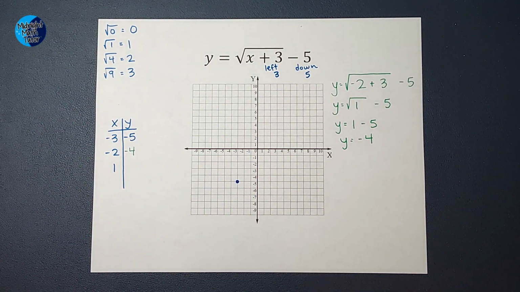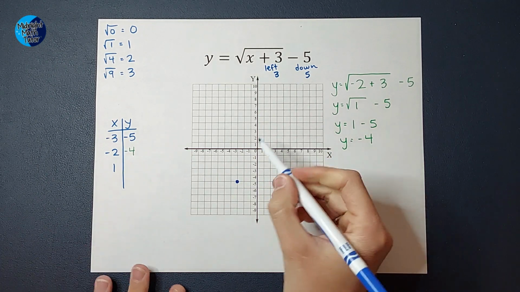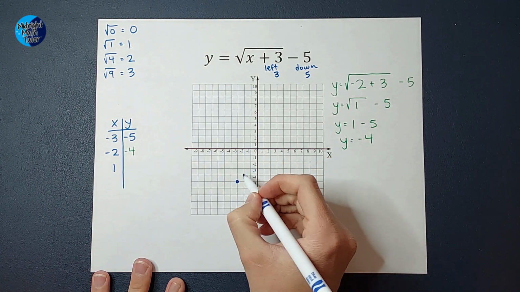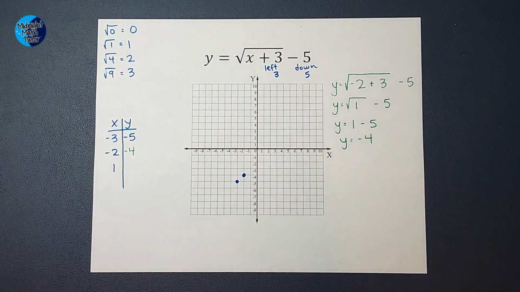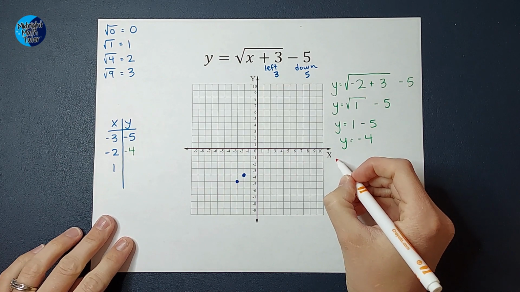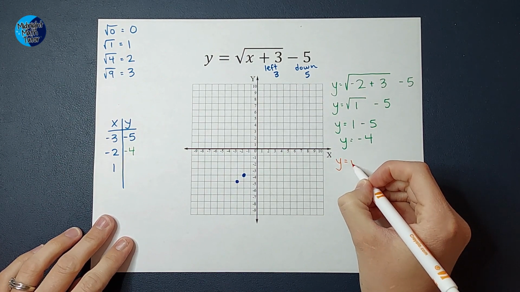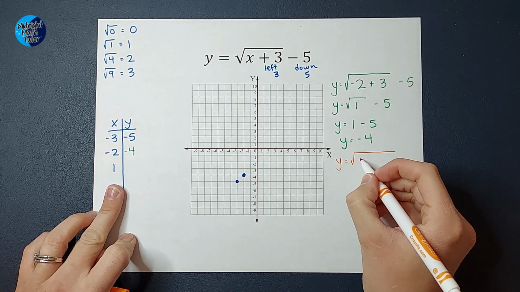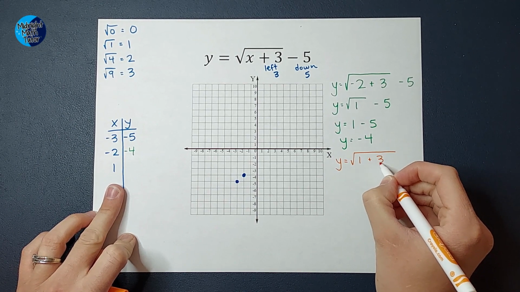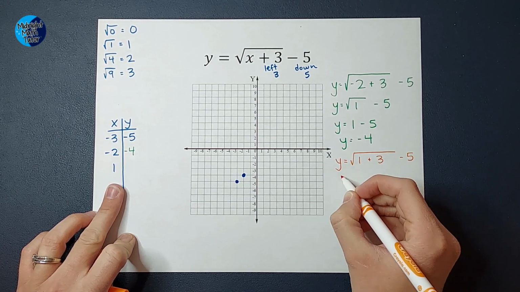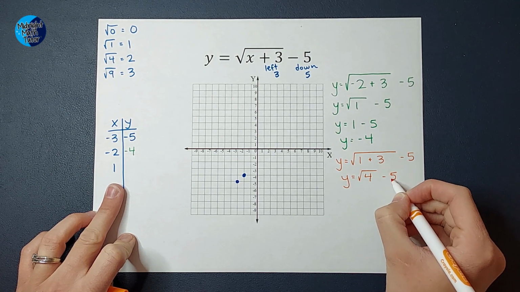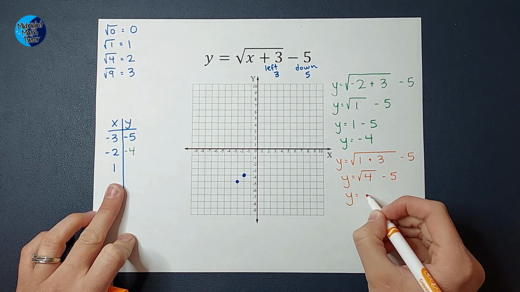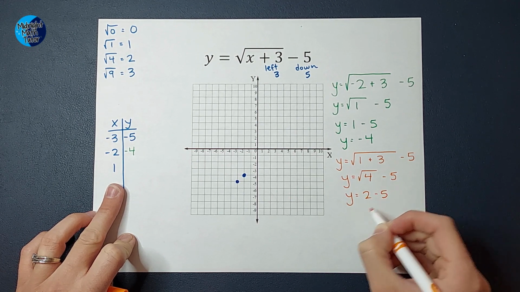Now, let's go ahead and graph that on here. So I'm going to do -2, -4. There's another point. And let's do one more. Let's do 1. When I plug in 1, I'm going to get y equals the square root of 1 plus 3, minus 5. 1 plus 3 gives me 4, the square root of 4 is 2, minus 5.